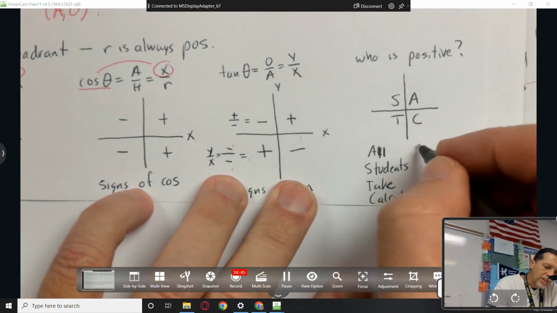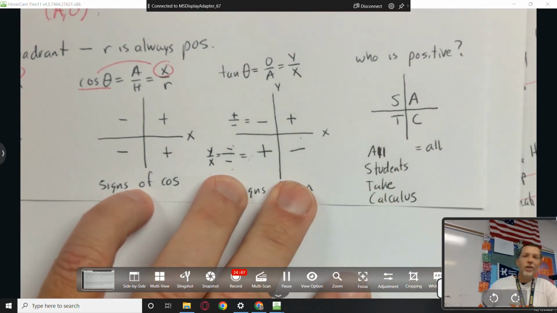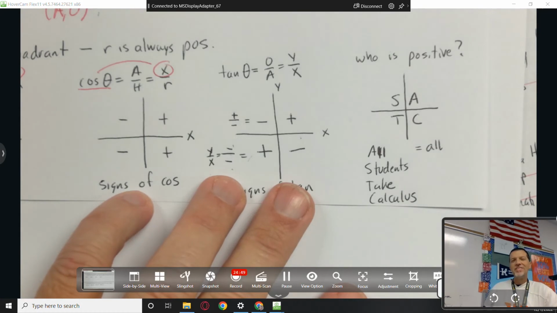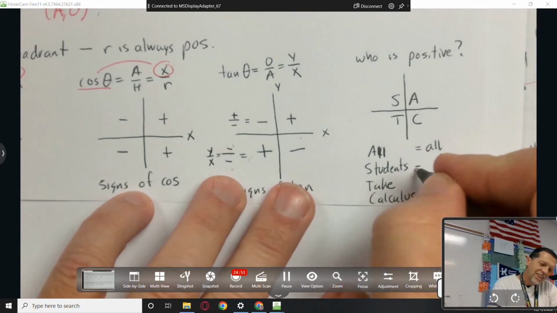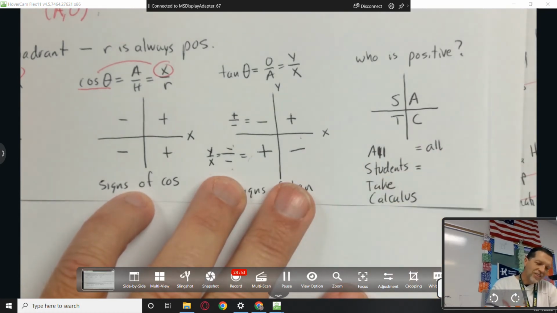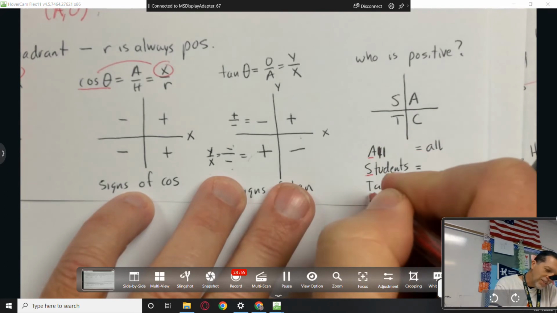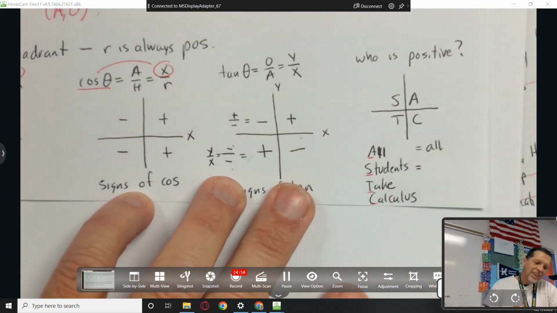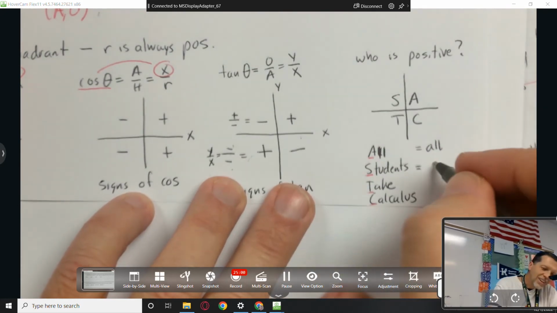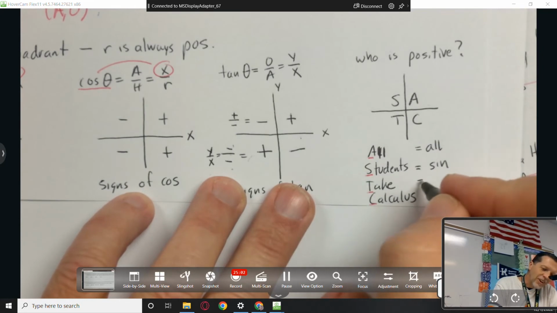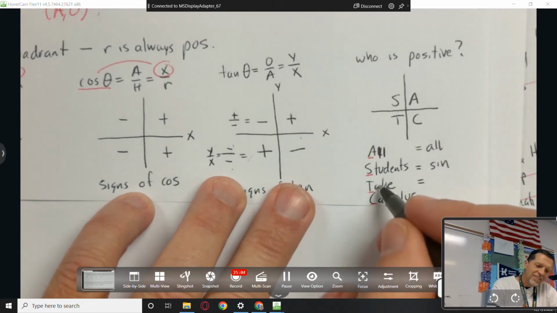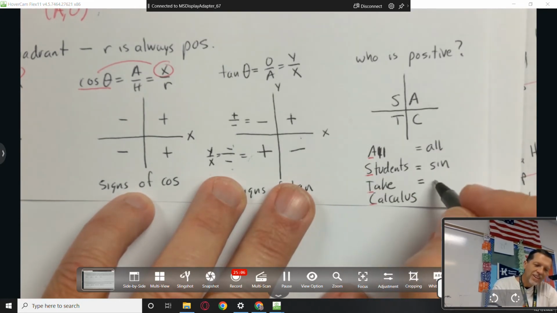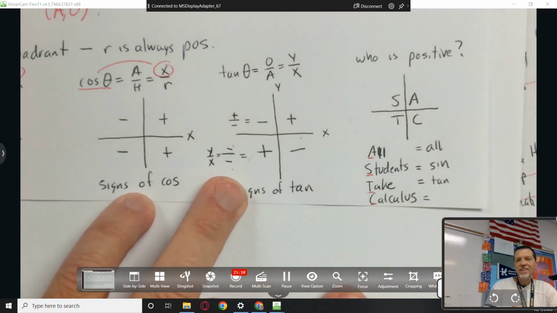So who's positive? In the first quadrant, all of them are positive. In the second quadrant, who's positive? Sine. In the third quadrant, take, T for tangent. And in the fourth quadrant, C for calculus or C for cosine.